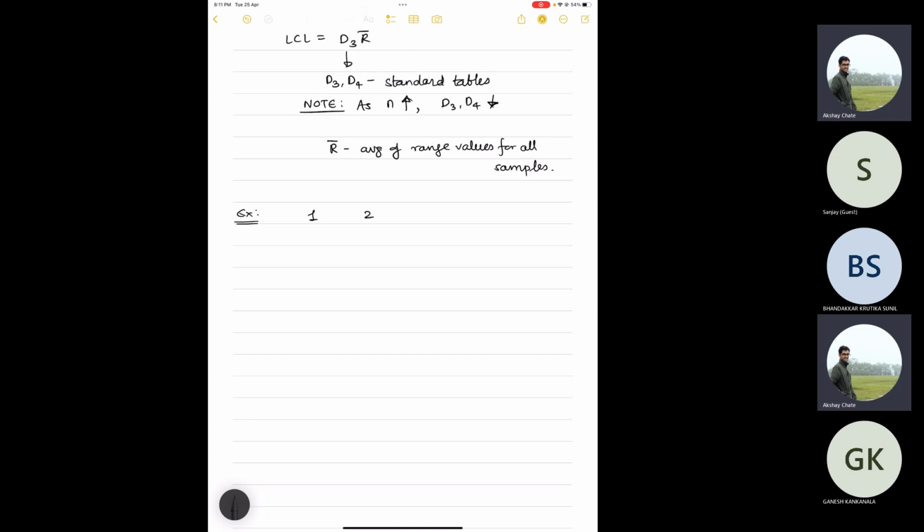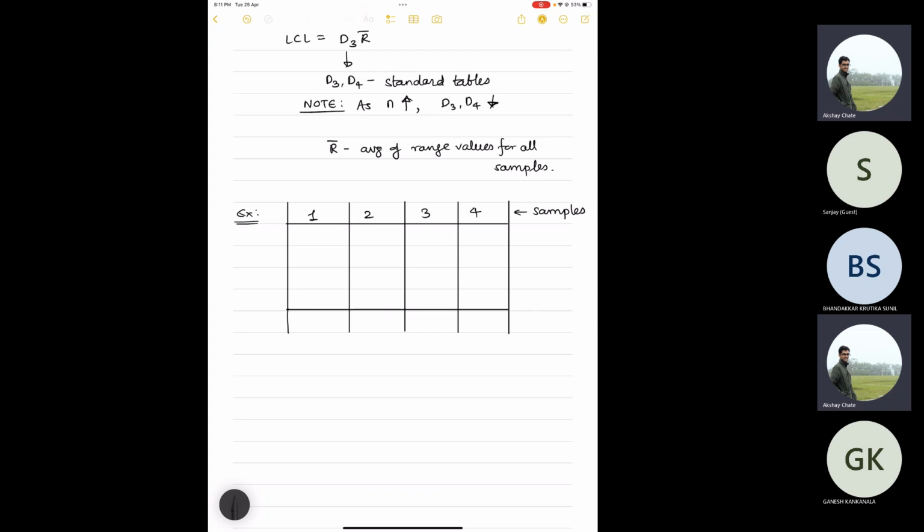So you have a table like this, with the sample numbers, and for each sample you have 4 data points, or 4 units. I'll just quickly fill it because there is no point in spending time here.